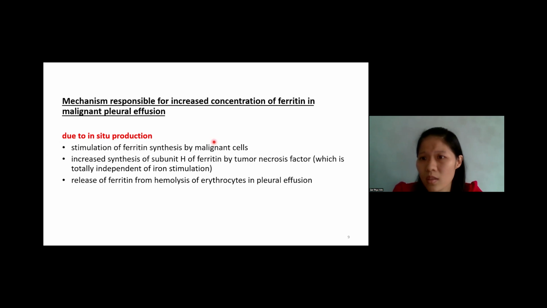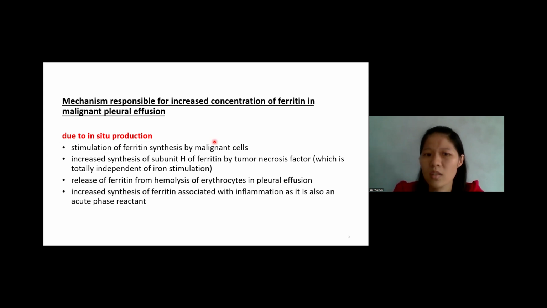When there is hemolysis of these erythrocytes, there is also release of ferritin. And malignancy is also a kind of inflammation. So as a part of the acute phase reactant, there is increased synthesis of ferritin. All these mechanisms can cause increased concentration of ferritin in malignant pleural effusion. So this is according to the literature and theory.